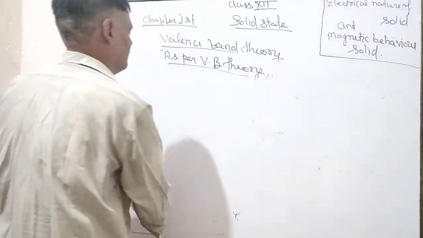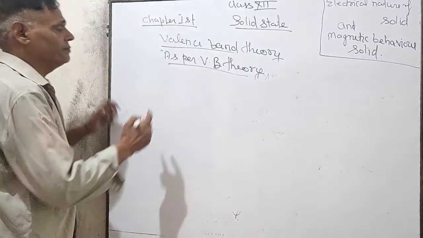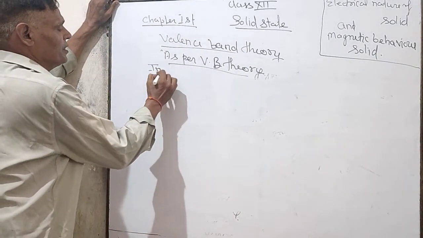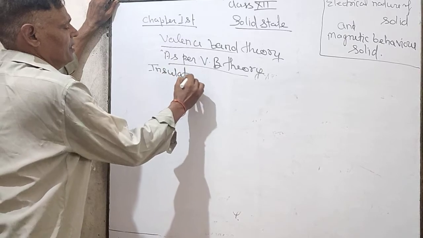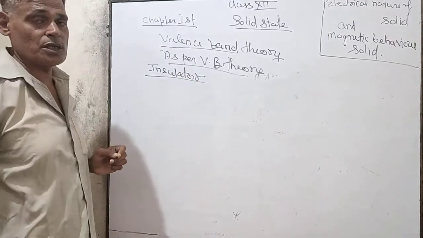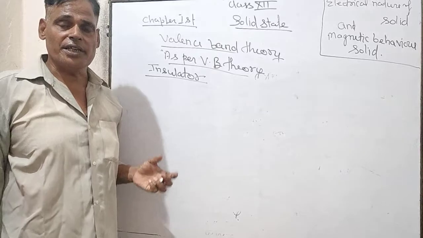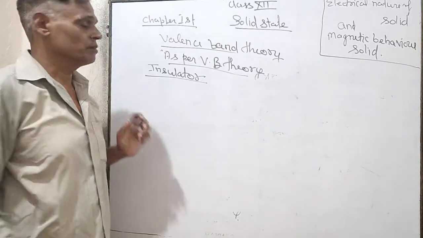So what is the case of insulator? In an insulator, according to Boltzmann theory, the energy barrier between the valence band and the conduction band is very high.